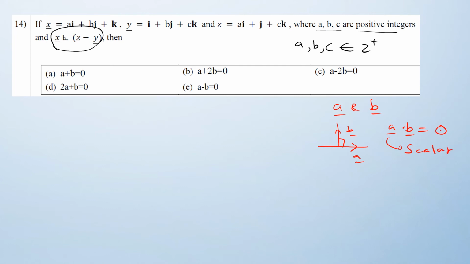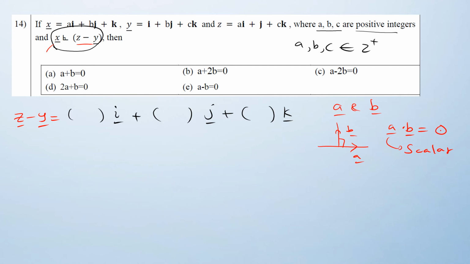Then we can simplify this by finding z minus y. Z minus y is equal to the difference between the components of z and y. So we have for i, we have a component for j, and we have a component for k as well.